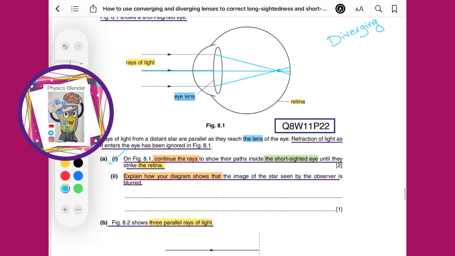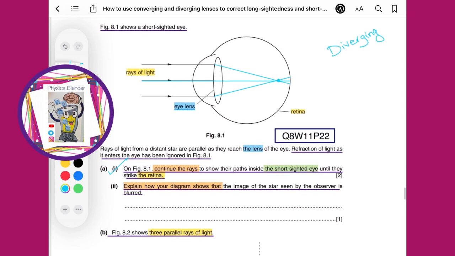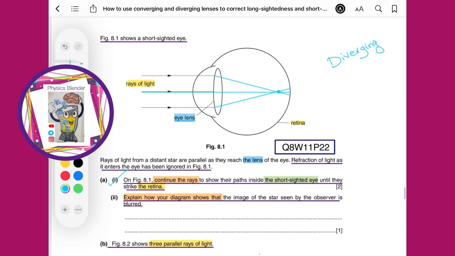Explain how your diagram shows that the image of the star seen by the observer is blurred. Why is the observer seeing a blurred image? Because the rays do not intersect or meet at a point on the retina.